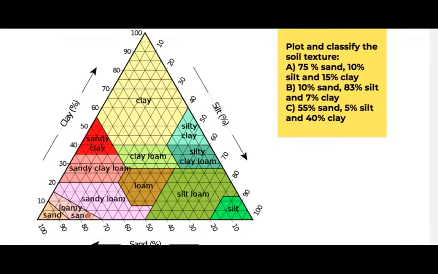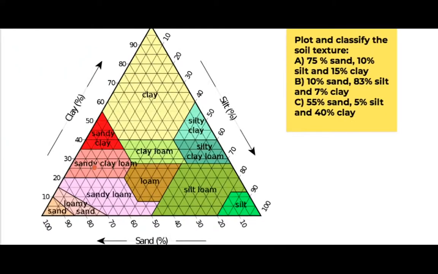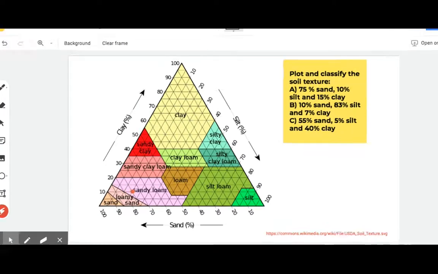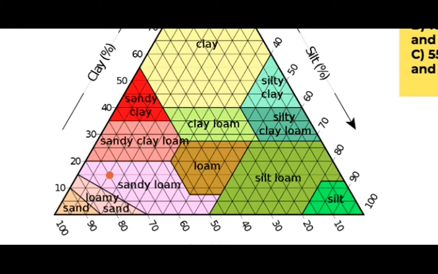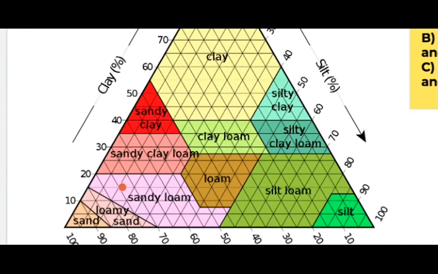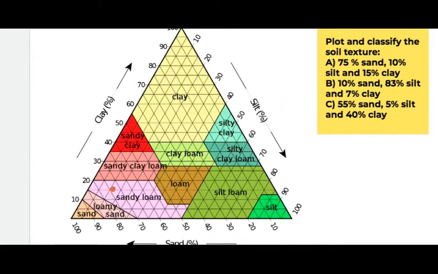Then you're going to look for the 10% grid along the silt. Then you go down to 75, which is here. And then you have 15% clay. So this is where you will draw or plot the dot.